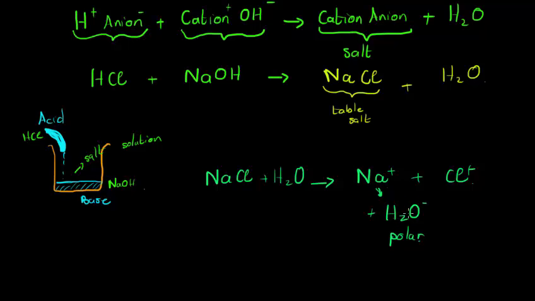Now what's going to happen is that it is then possible for us to get our base again. In other words, water can also dissociate into H plus and OH. Remember, before we said this could be an acid or it could be a base.